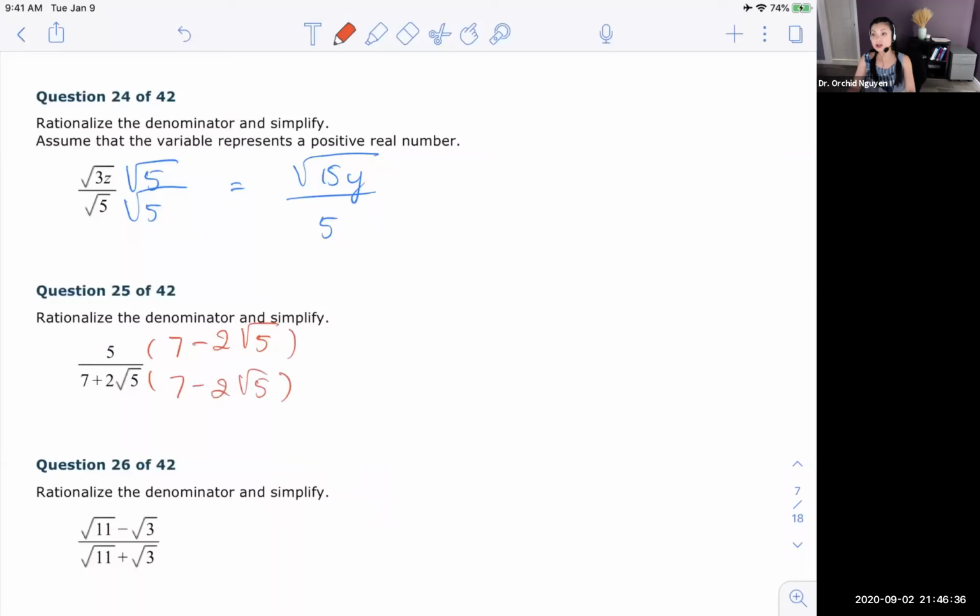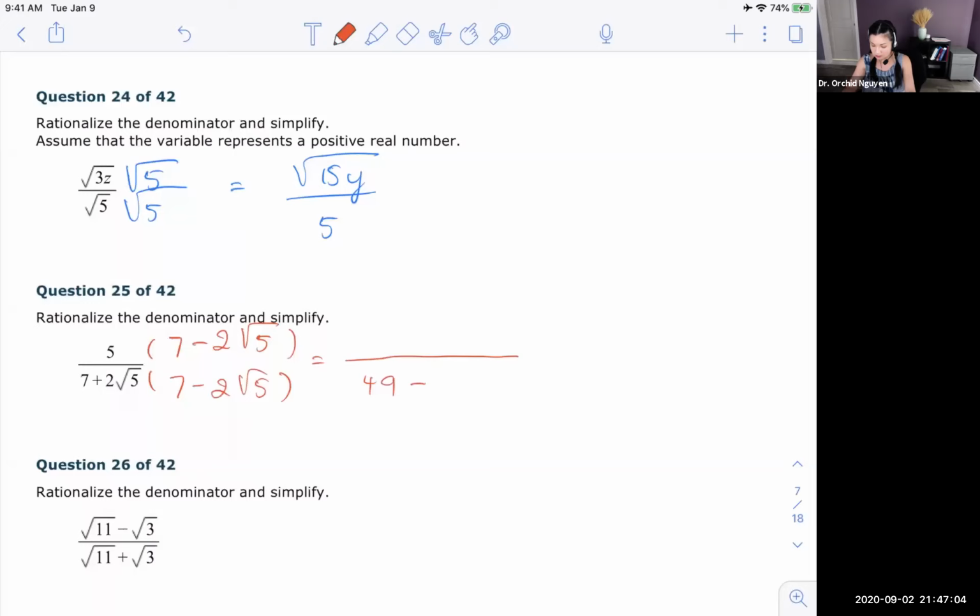And then from there, I just multiply. I'm going to multiply the bottom first. The bottom, remember, is the conjugate.